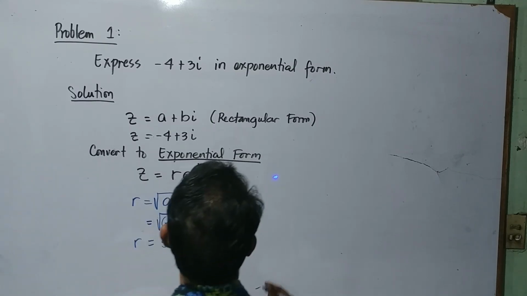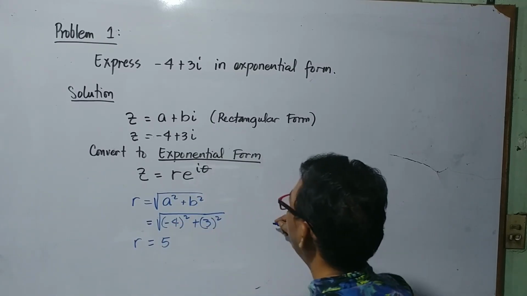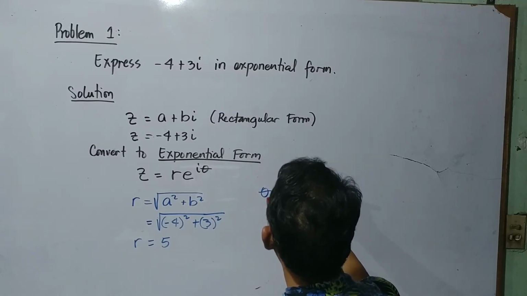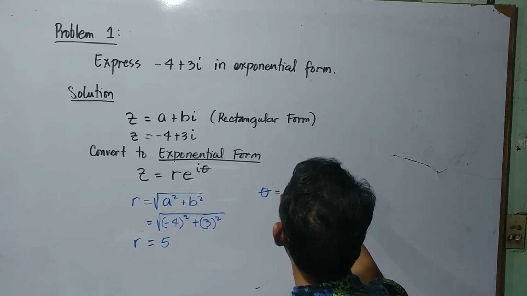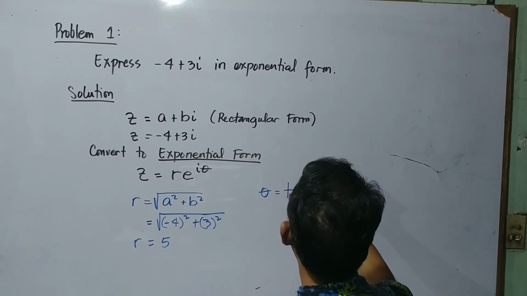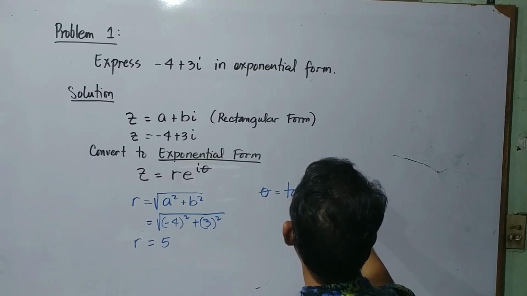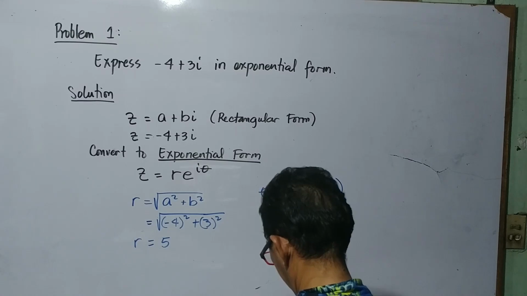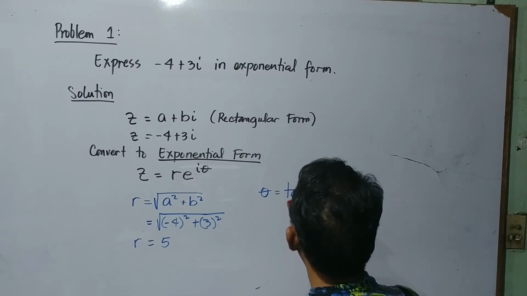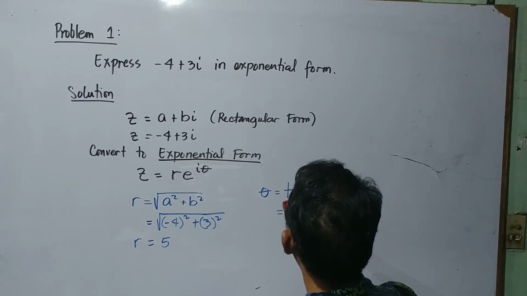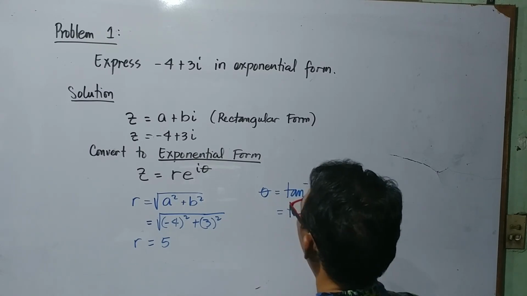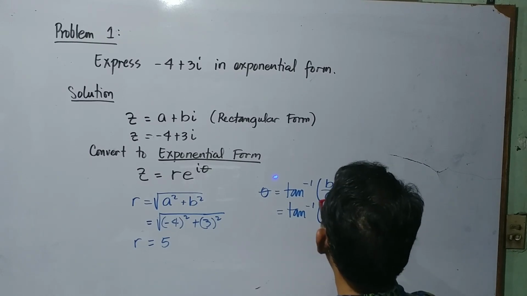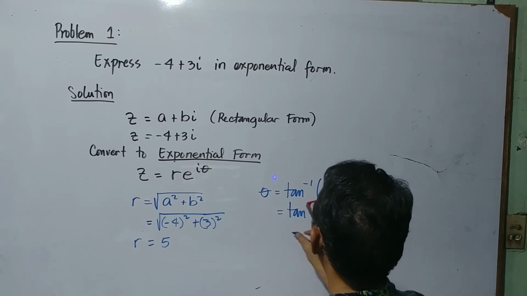Now, for our theta, we have the arctan of B over A. So we have now the arctan of B is 3 over negative 4.